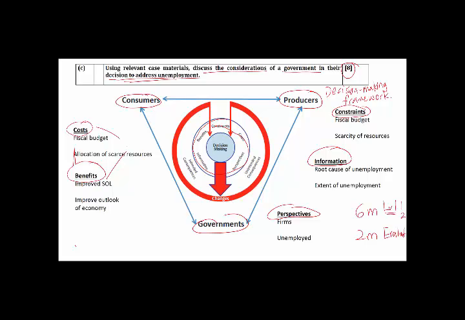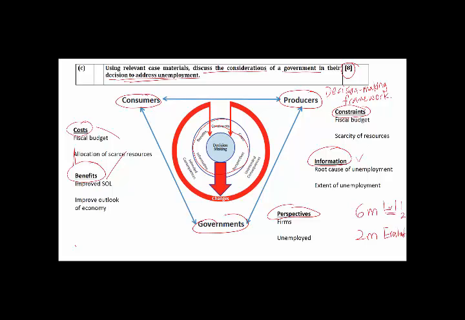I think what is also very important here would be information. In trying to address a particular problem, we need to establish what is the root cause of the problem. So information is necessary and also an important consideration.